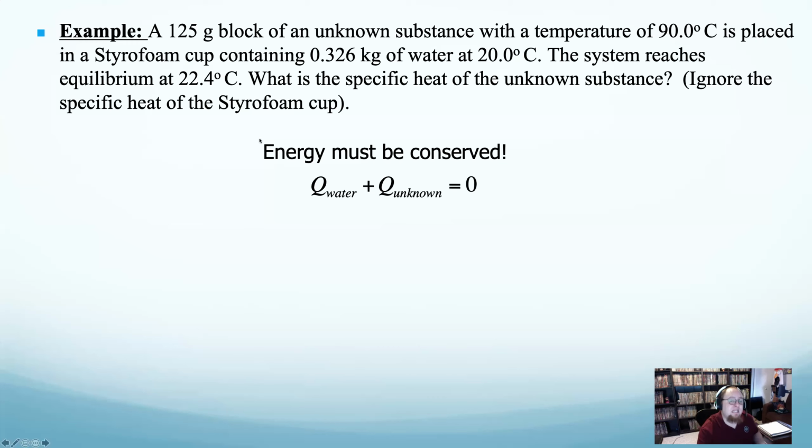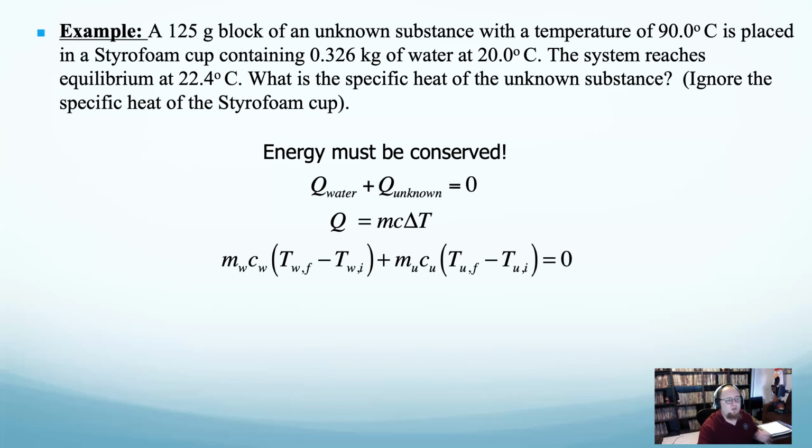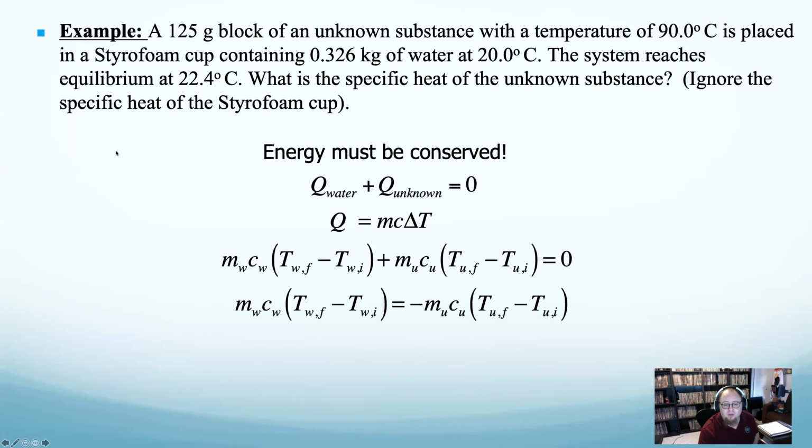Well, each one's heat change will be MC delta T. So I'll say M water, C water, T water final minus T water initial, plus M unknown, C unknown, T unknown final minus T unknown initial. And I can use this to find the specific heat of the unknown. I'll just subtract the water stuff from both sides.